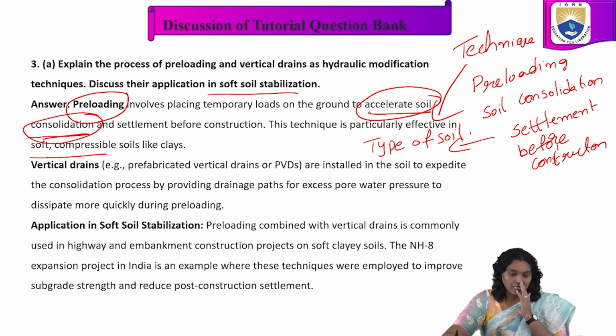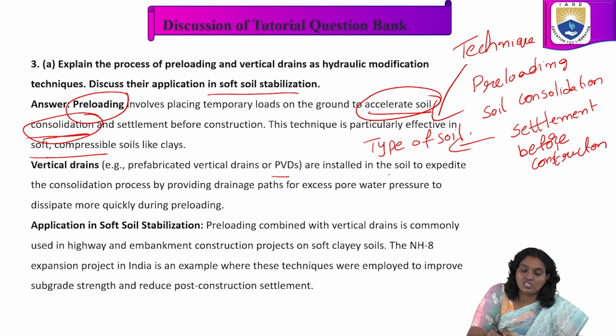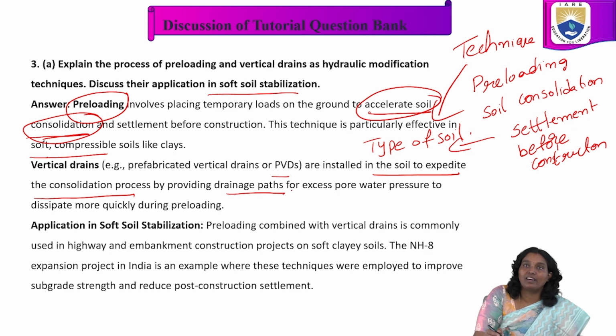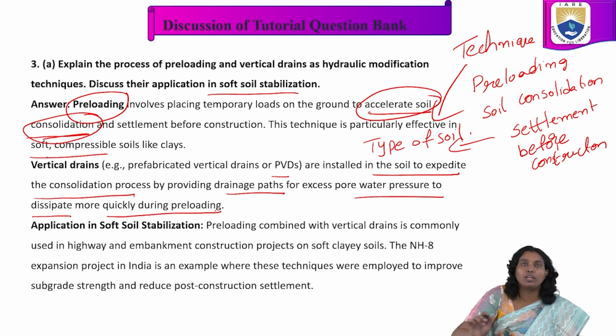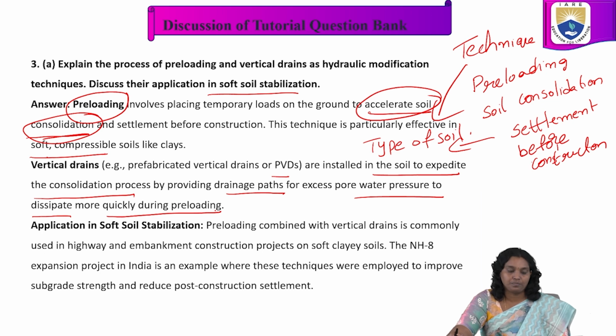Vertical drains, prefabricated vertical drains or PVDs, are installed in the soil to expedite the consolidation process by providing drainage paths for excess pore water pressure to dissipate more quickly during preloading.